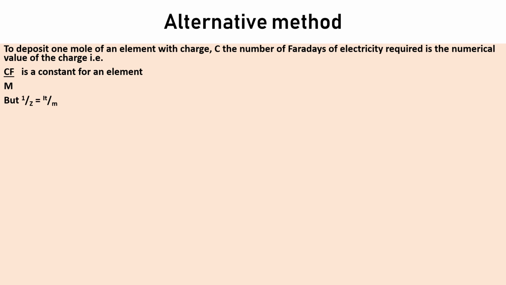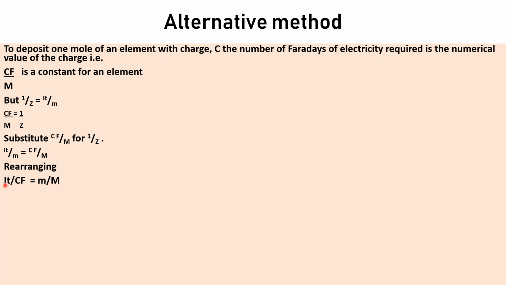But you will recall that under the mathematical expression, we already have 1 over Z equals IT over M. But CF over M is equal to 1 over Z. And therefore we can substitute CF over M for 1 over Z in this equation, which will give us 1 over IT over M equals CF over M. So we can then rearrange this equation, and it's going to give us IT over CF equals m over M.